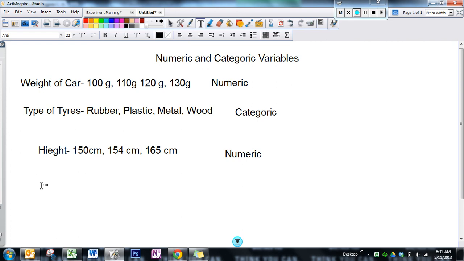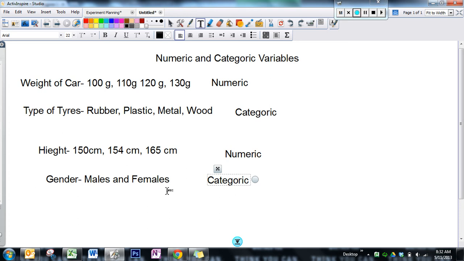But if you told people to divide up into two groups by gender, you would have males and females. That is categoric because it's in categories. You are either male or female, and the key thing is that it's written in a word. So that's the difference between numeric and categoric variables.